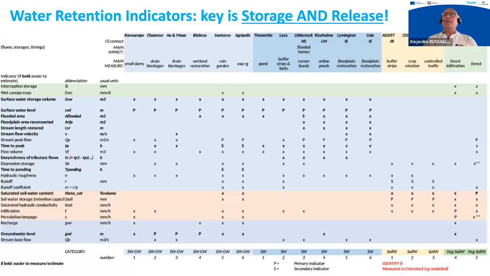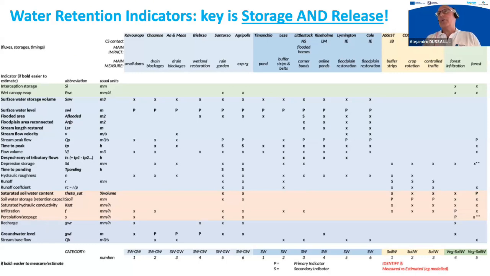But the main thing we came down to was that one main aspect or key aspect of water retention is really the ability to store water and slowly release. So again, back to that idea of the sponge being able to absorb, store, but also release.